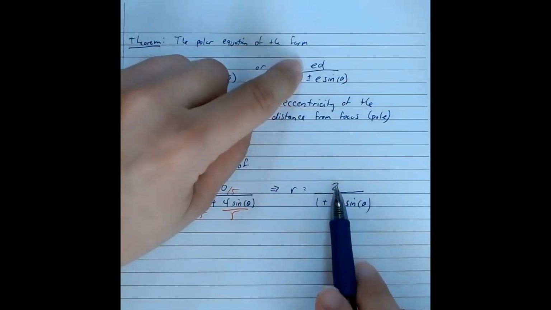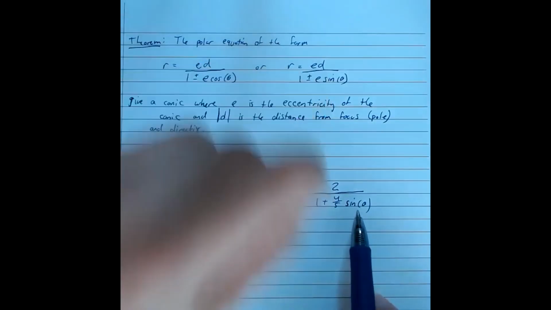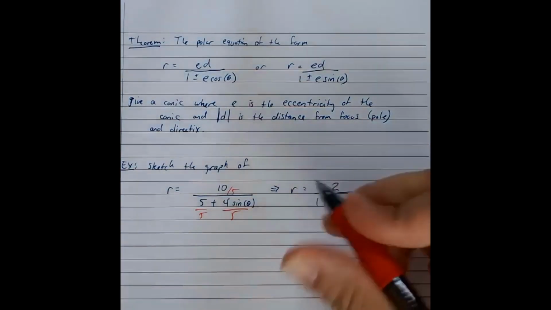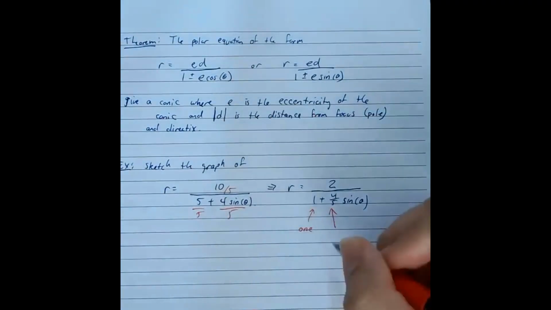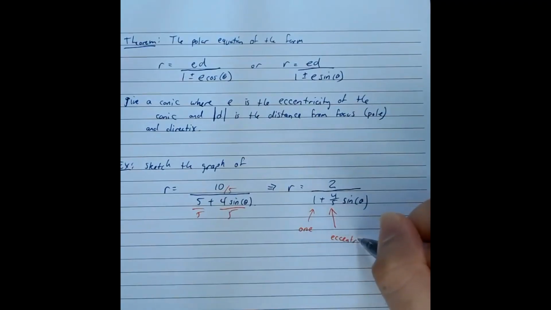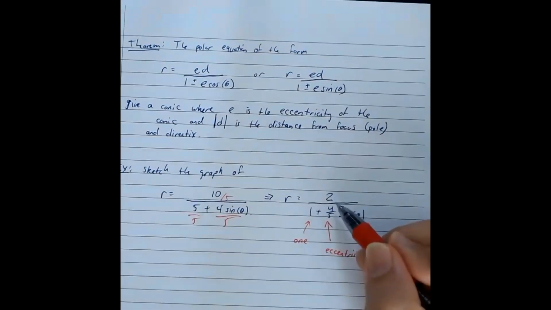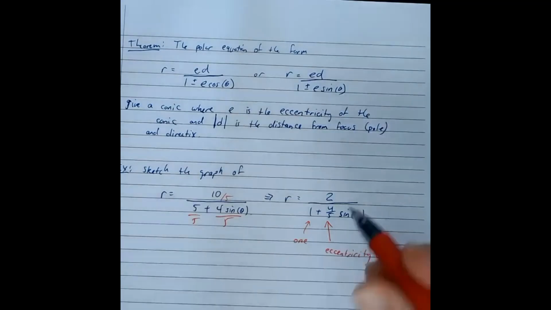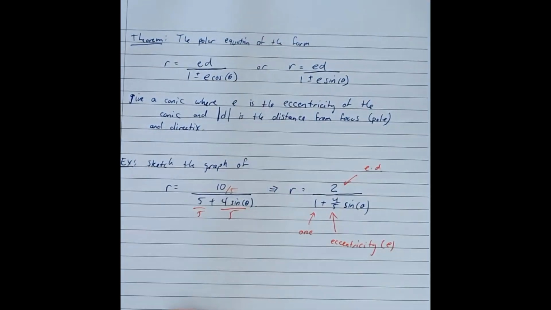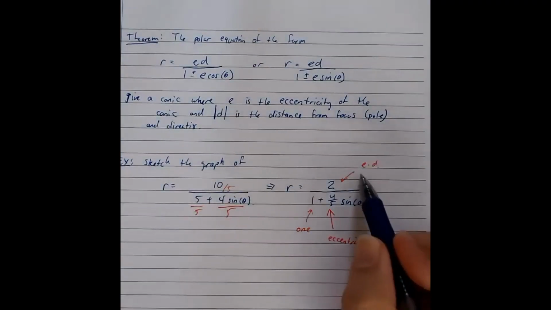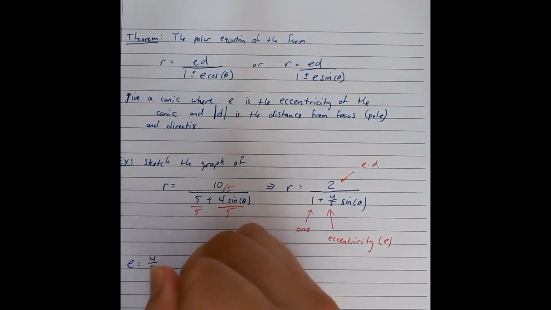And it does. Here you have a constant over 1 plus a number times the sine of theta. Once this is the number 1, this number right here is your eccentricity, and this number up here is your eccentricity times some other number d. So here this is going to be e times d. That gives us all the information we really need. Note that here I have e is equal to 4/5.